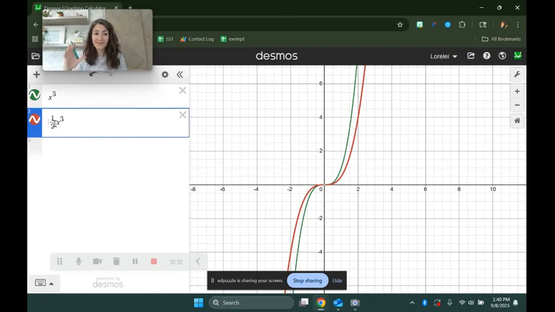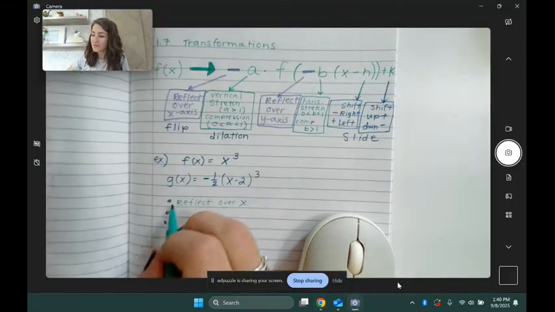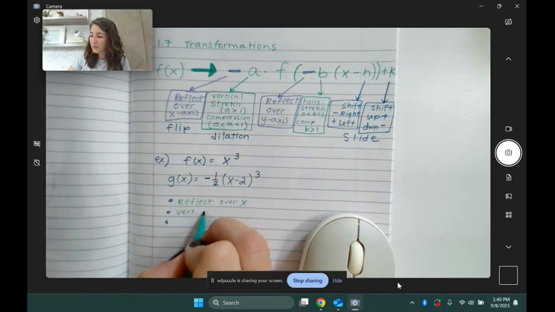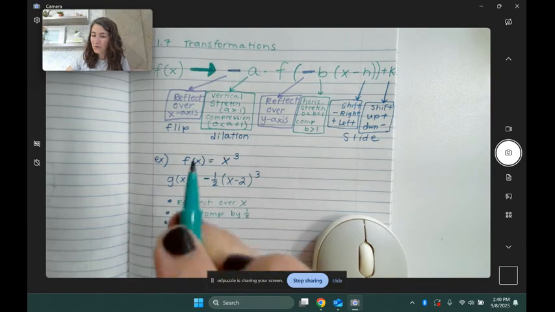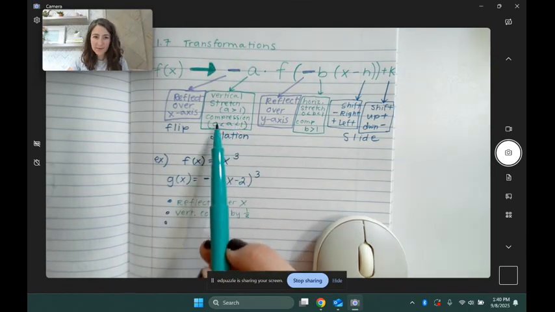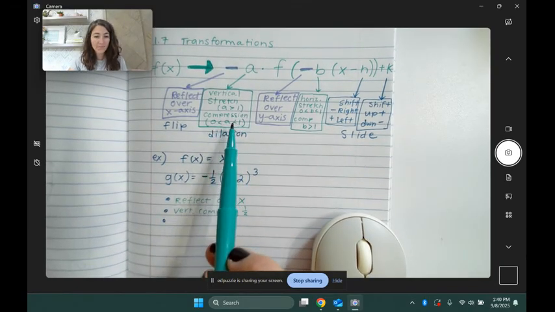Vertically, it's looking a little shorter than the green function. Green function is my parent. The red function looks a little more squished or compressed in the vertical direction. So that one is a vertical compression by 1/2. You can tell because it is between 0 and 1.